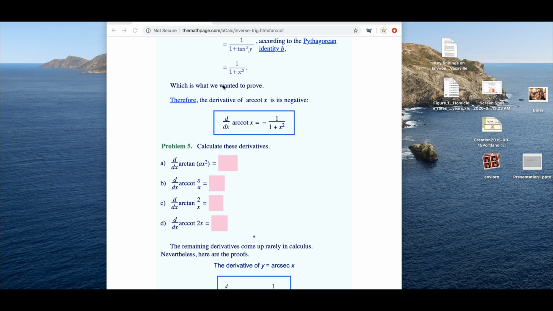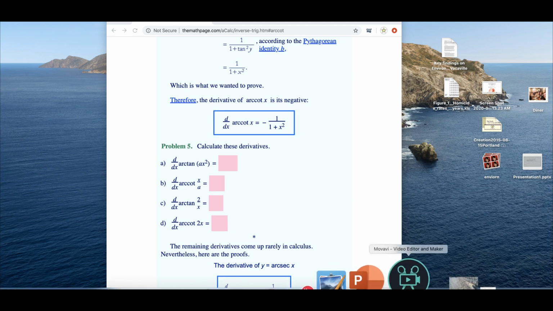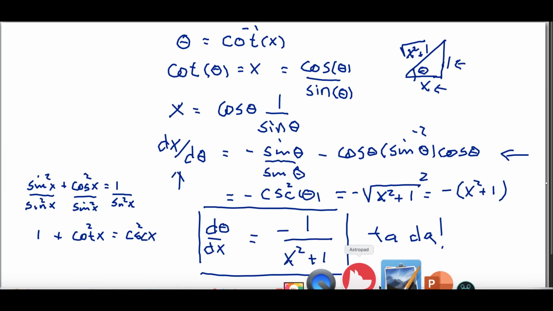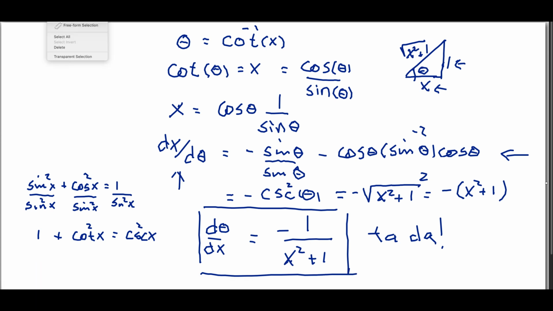This right here is exactly what we derived, and it took us a little while, but that's exactly what we got. And we don't need the ta-da actually, so we can freeform select and get rid of that.